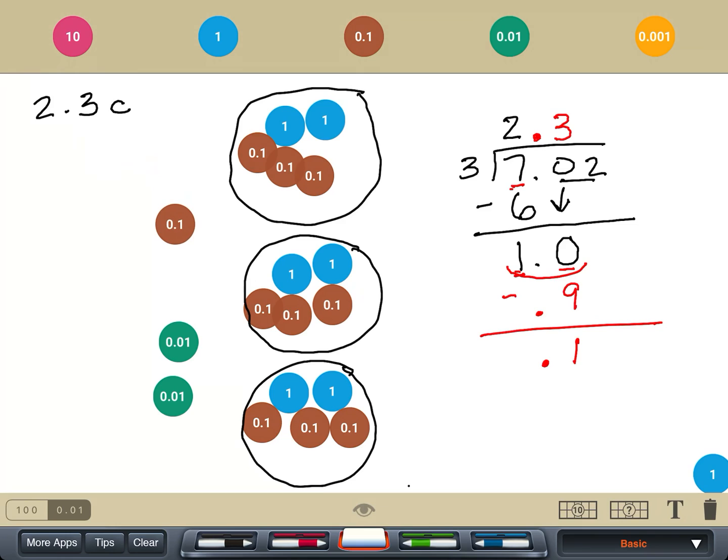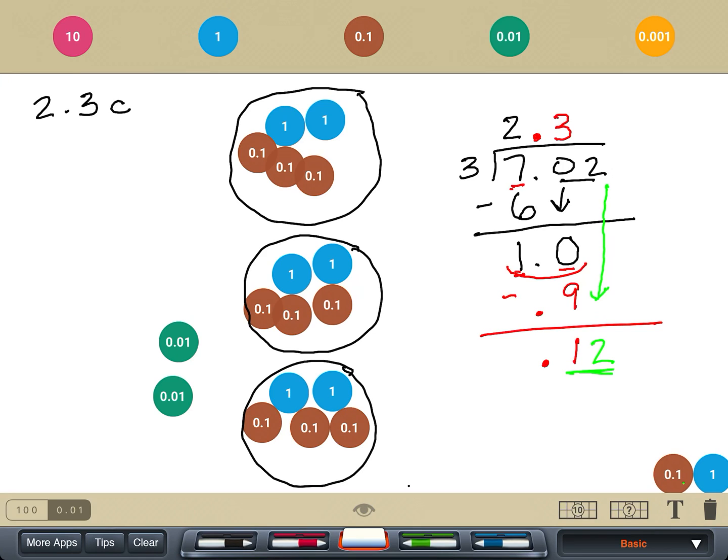Now, just like when we're doing long division with whole numbers, we're going to bring down our next place value. This number over here is 1 tenth plus 2 hundredths, which I think you can see outside of our circles. But we could also think of this as 12 hundredths. So again, we are going to rename this 1 tenth.